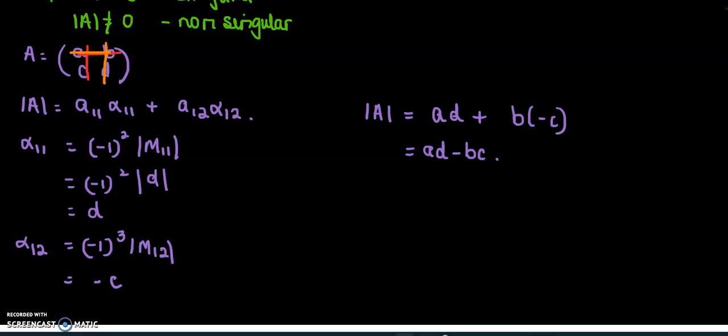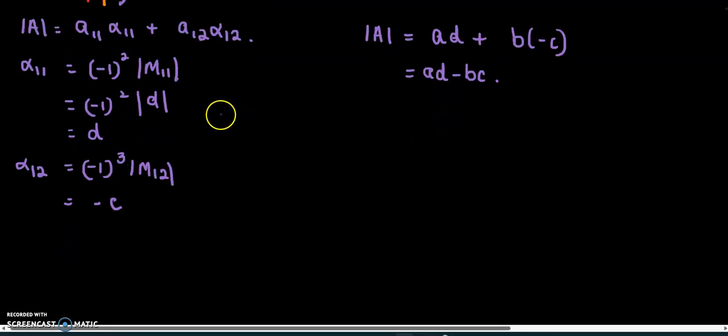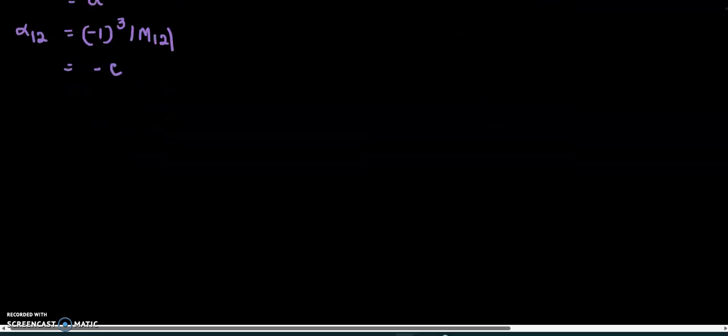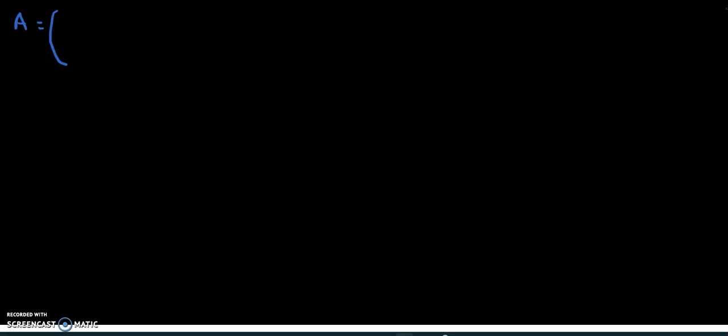Let's go to another example. So let's say we have the matrix B, which is equal to 1, 2, 3, 2, 3, 2, 1, 2, 2.